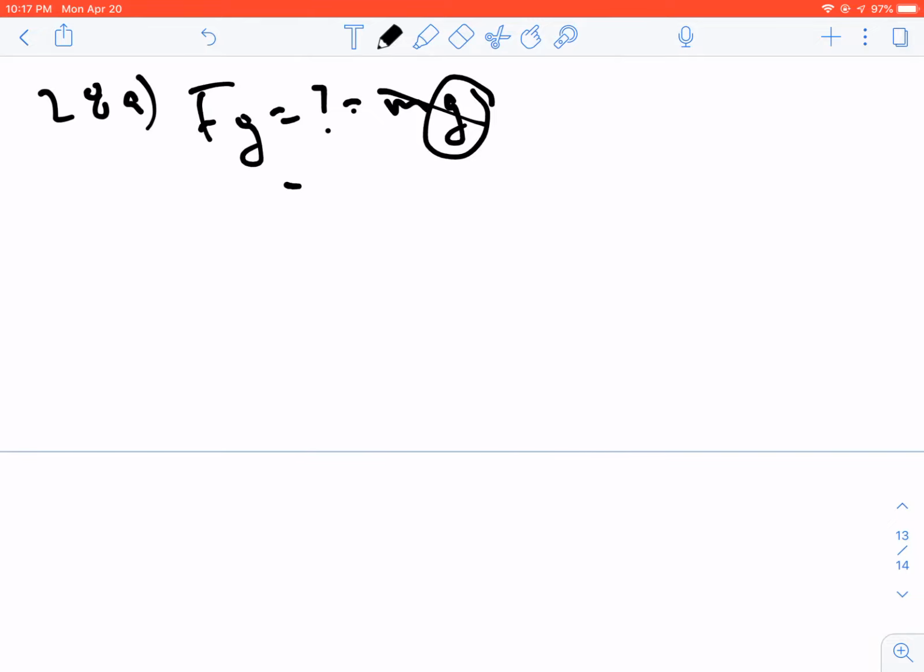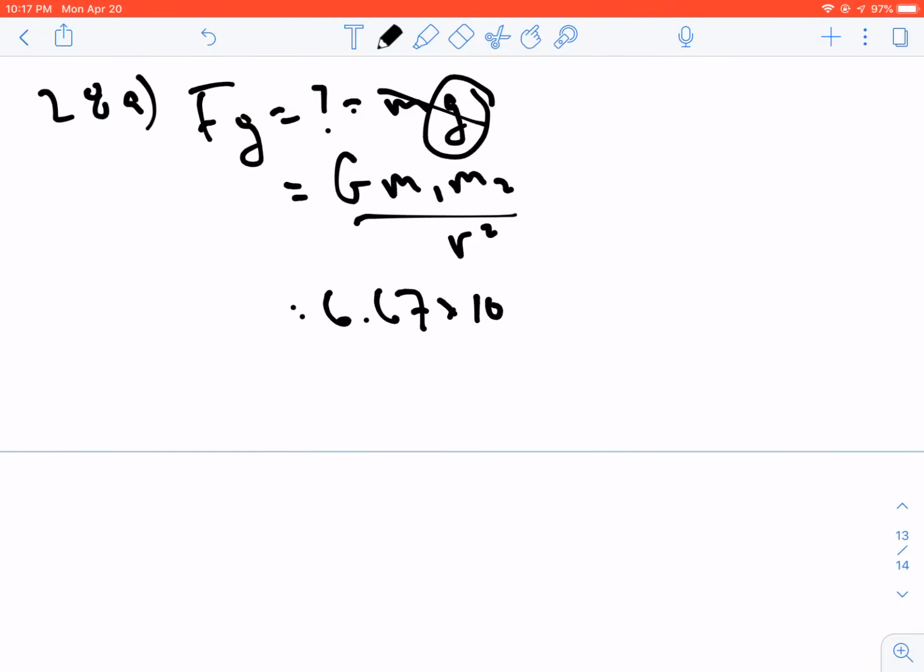So if I do my universal formula, I get that, where G is 6.67 times 10 to the power of negative 11. M1 is the mass of the person. Oh, well, hang on, I don't know the mass of the person. Well, I know that the person's weight when they're on Earth is 980 newtons.